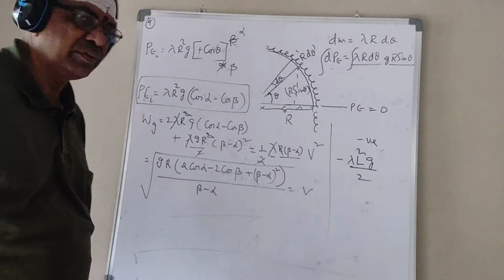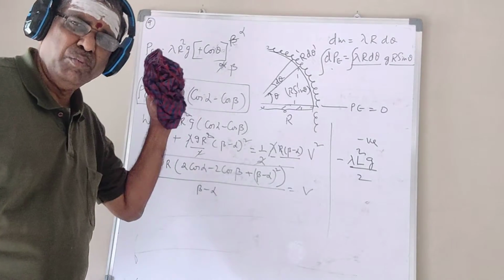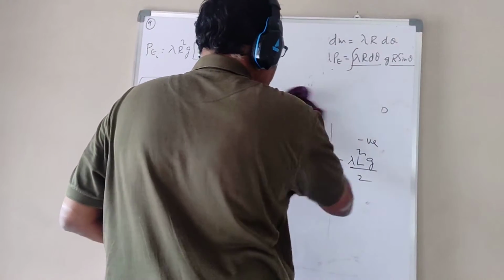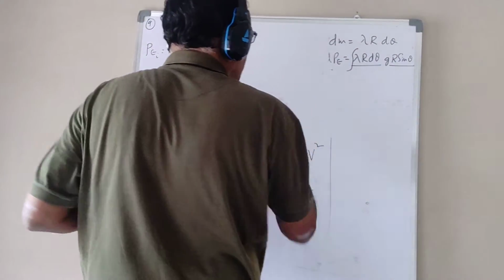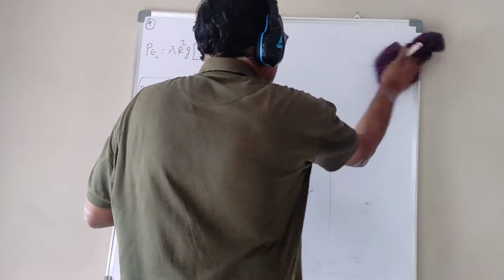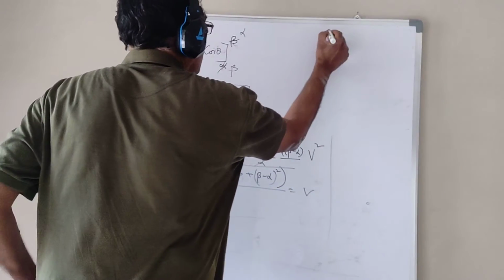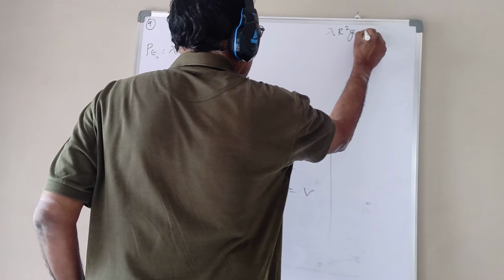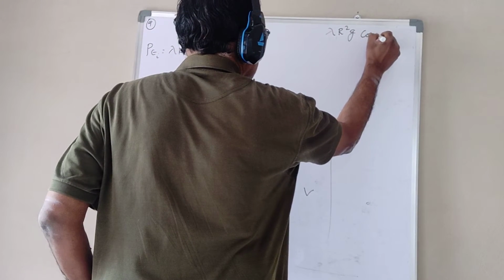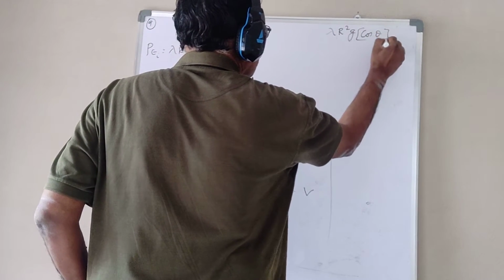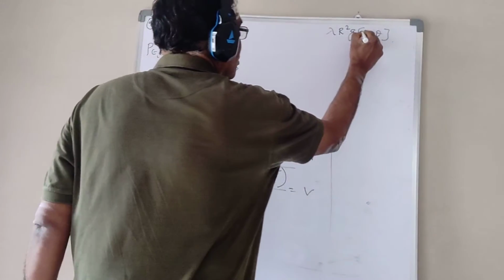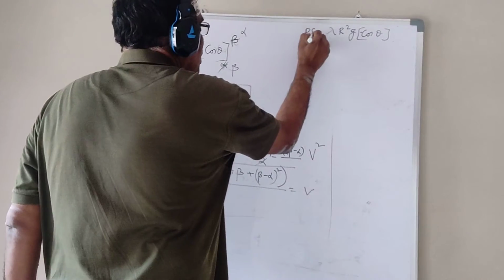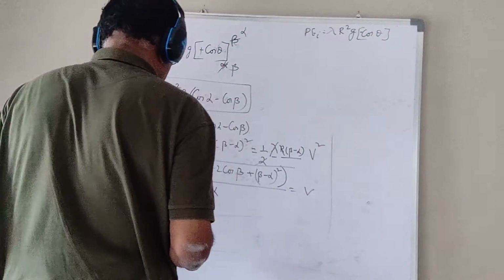This is how you have to do it. I have taken the most general expression. In the present problem, what is this? You never forget to remember this: minus cos theta limits, this is your potential energy.